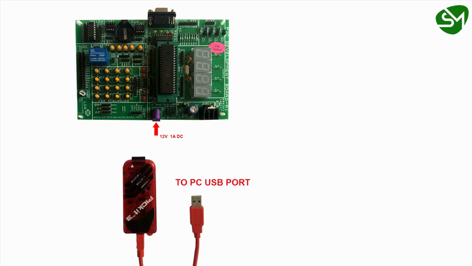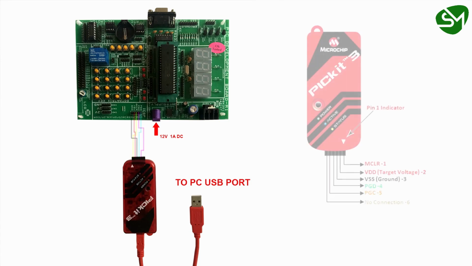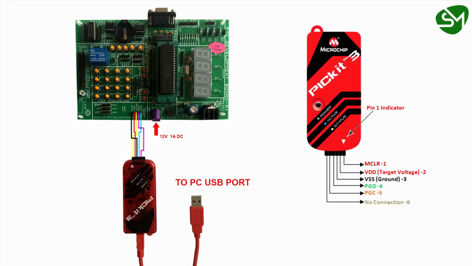For uploading the program onto the microcontroller, firstly power up the development board using external 12 volt 1 amp adapter through this socket provided. And then connect the PICkit 3 to your PC USB port using mini USB cable. Then the terminals of PICkit 3 are connected to the microcontroller as per this circuit diagram.